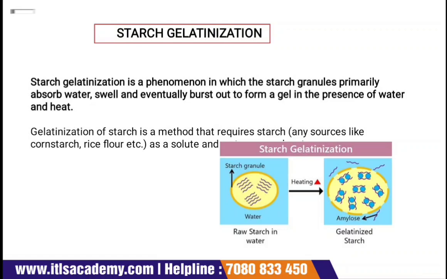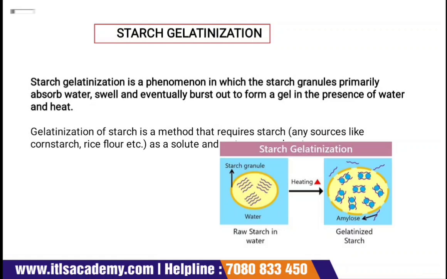So as you can see in this image, gelatinization of starch is a method that requires a starch, meaning any starch like cornstarch or rice flour, etc. In this process, the starch granules, when kept in water, absorb the water.